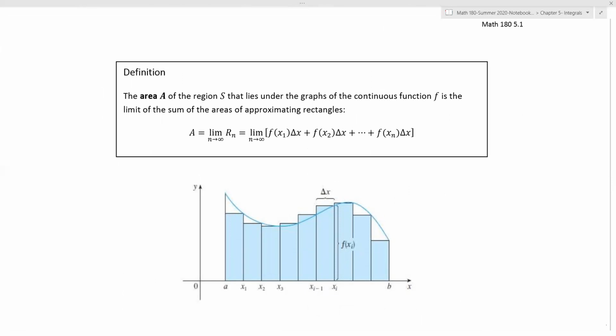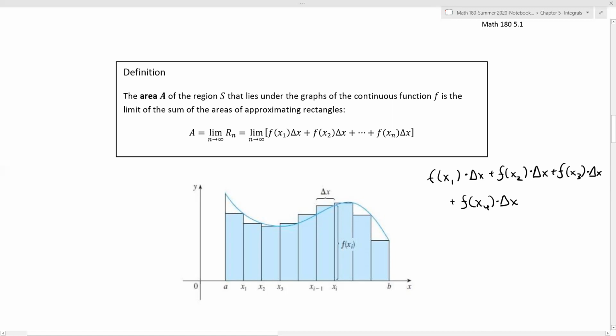Basically what happened is we took areas, and we had 4 areas originally. So we did f of x1 times delta x plus f of x2 times delta x plus f of x3 times delta x plus f of x4 times delta x. That's what we did because we had 4 subintervals.